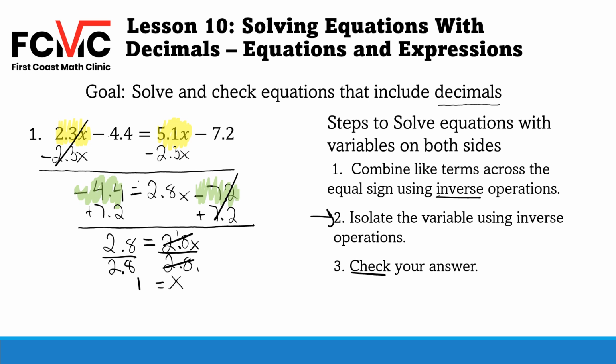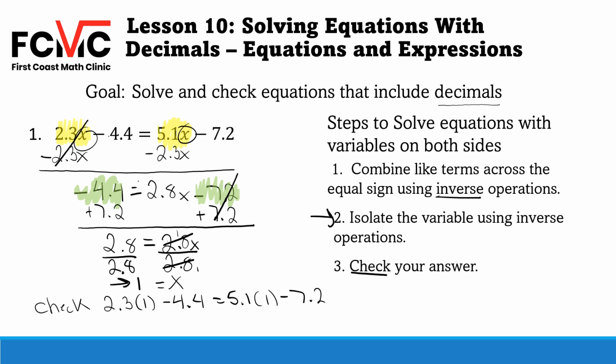Our last step, we're going to check. So I'll squeeze this check in here. Wherever we see an x, we want to replace that with our value 1. So we'll get 2.3 times 1 minus 4.4 equals 5.1 times 1 minus 7.2.